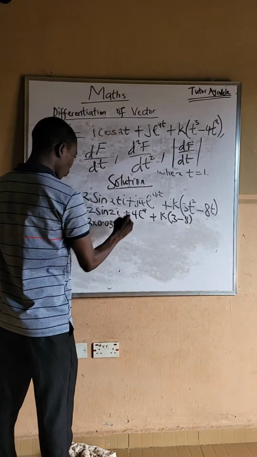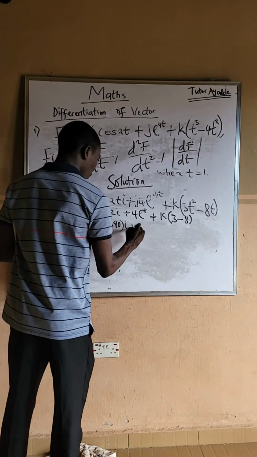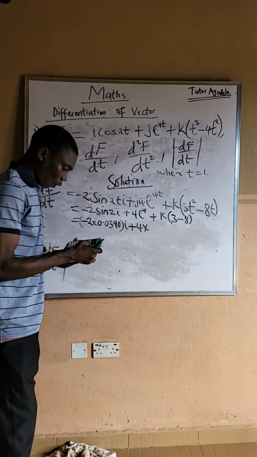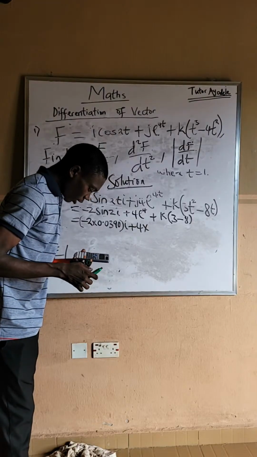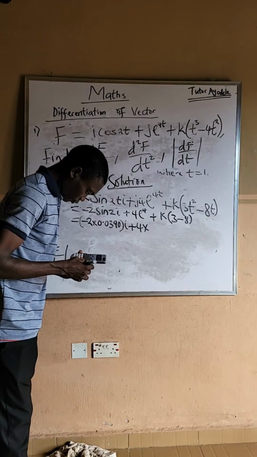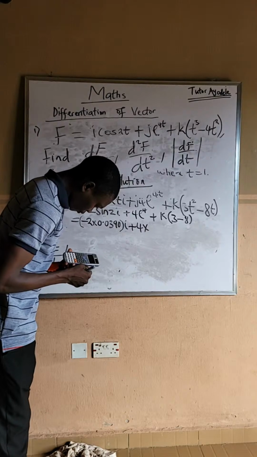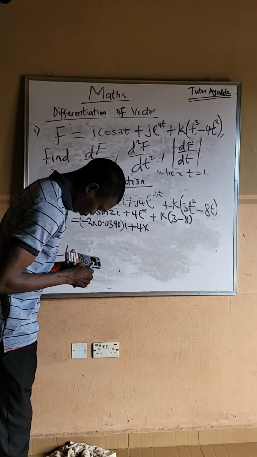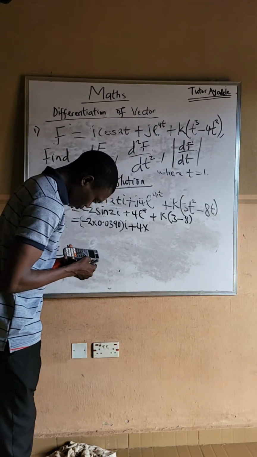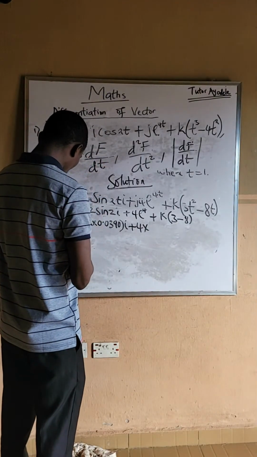So you can try to put your I at the back of both of them. I plus 4 times exponential 4. Look for exponential on your calculator.